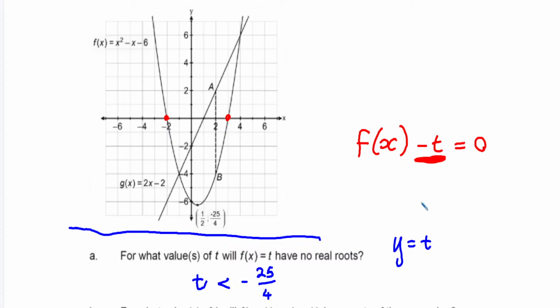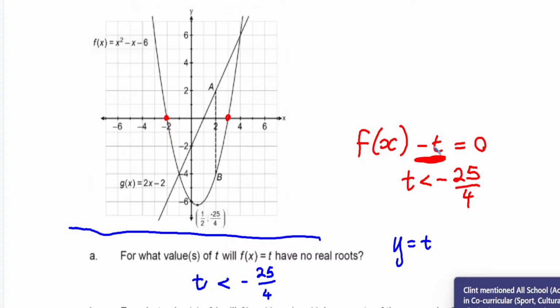For it to have no x-intercepts, I would need to pick it up by more than 25/4. But in order for this to be picked up, I actually need a negative number in here. Again, I need a number less than -25/4, because that will then add 25/4, which will pick the graph up. So there's two ways of thinking about it, and happily they produce the same result.